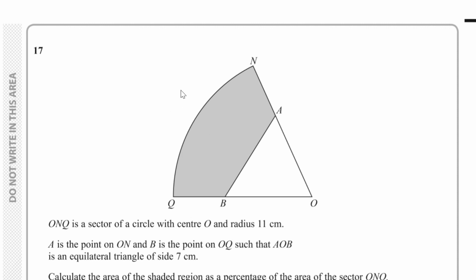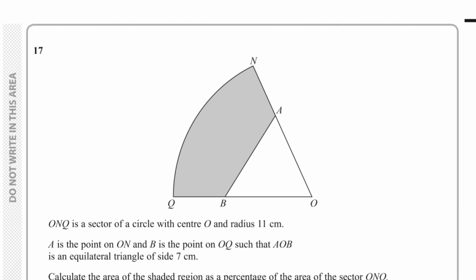Question number 17. ONQ is a sector of a circle with center O and radius 11 centimeters. A is the point on ON and B is the point on OQ, such that AOB is an equilateral triangle of side 7 centimeters.